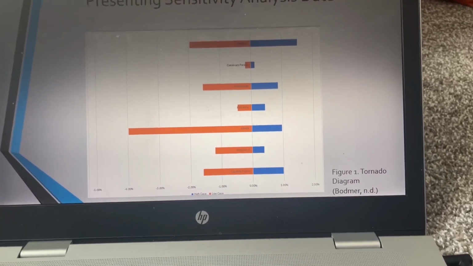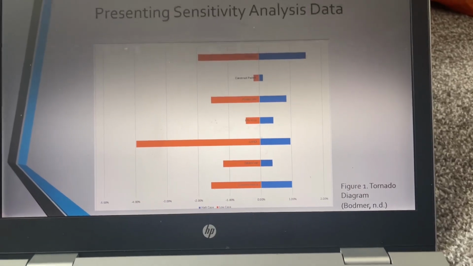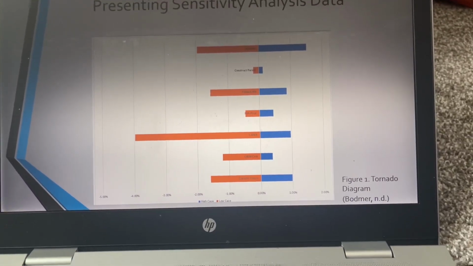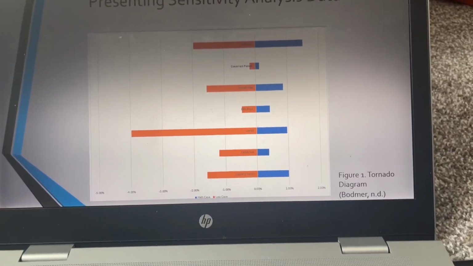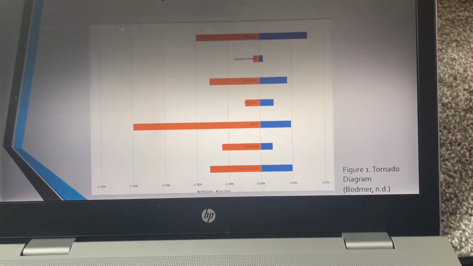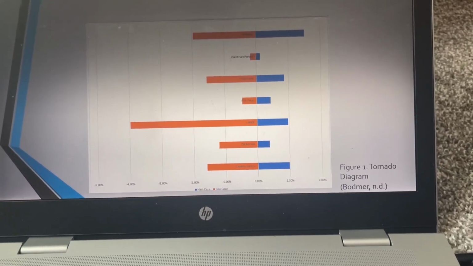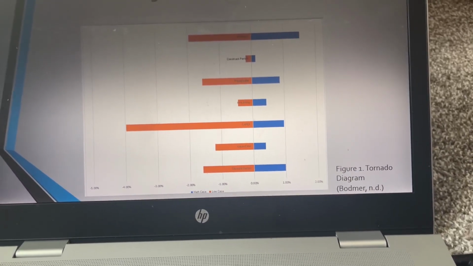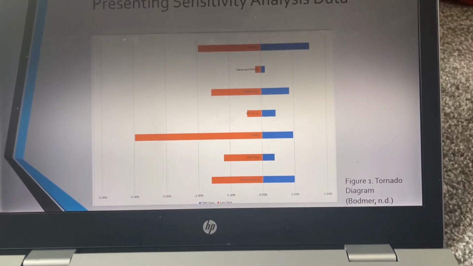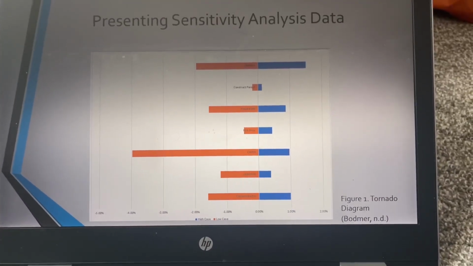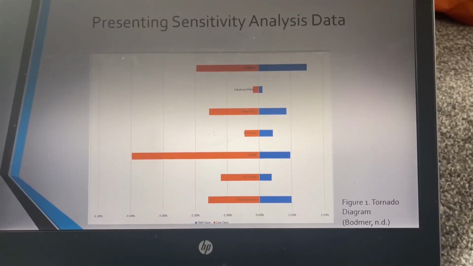So we can see here that the internal rate of return is most sensitive to CapEx. It's got the widest range of possible outcomes. From the baseline, it's got the worst possible effect on internal rate of return. And we can also see that the internal rate of return is least sensitive to the construct period. It's got very minimal impact on the internal rate of return, both to the positive and to the negative.